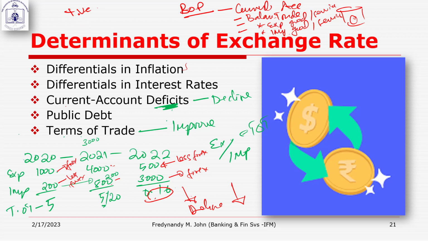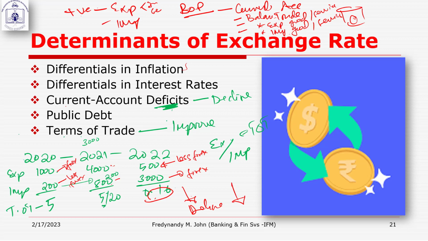For any country to achieve a positive balance of trade, you need to export more than import, to export both goods and services. Because if you export, it means you are earning foreign currencies.